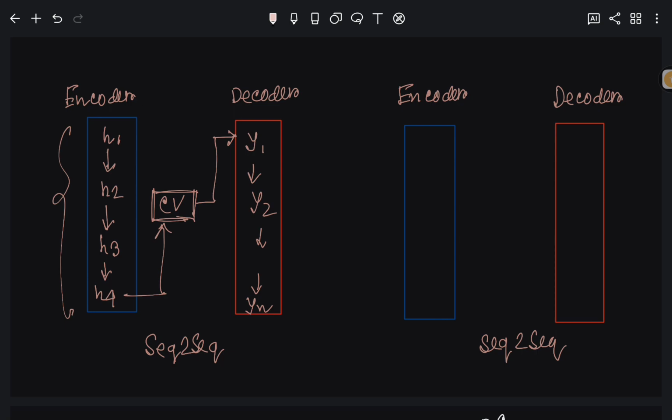So instead of focusing only on the last hidden state, what if we focus on the intermediate hidden states also? If we can generate the context vector with the help of all of h1, h2, h3 and h4, then we can give emphasis to the other hidden states too.